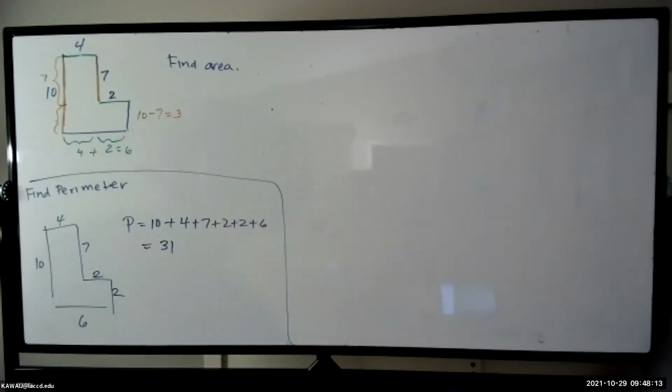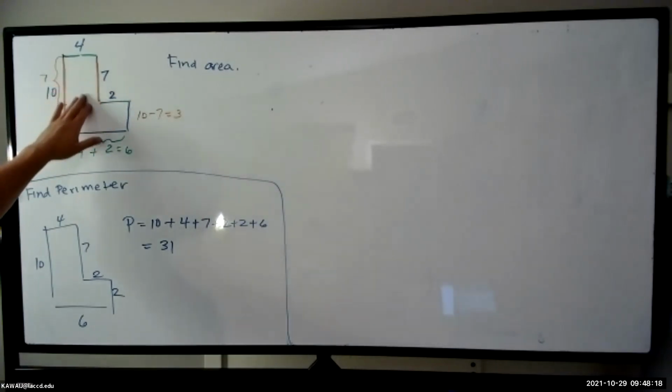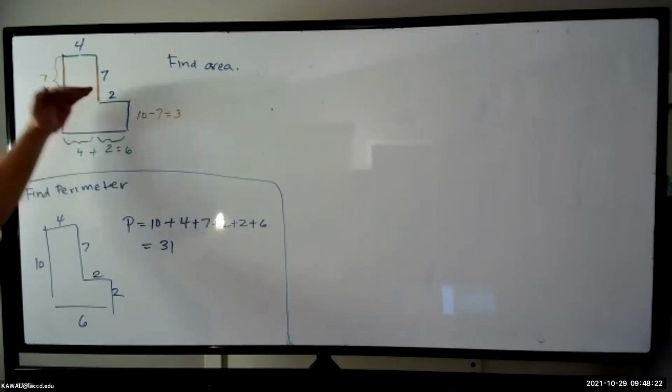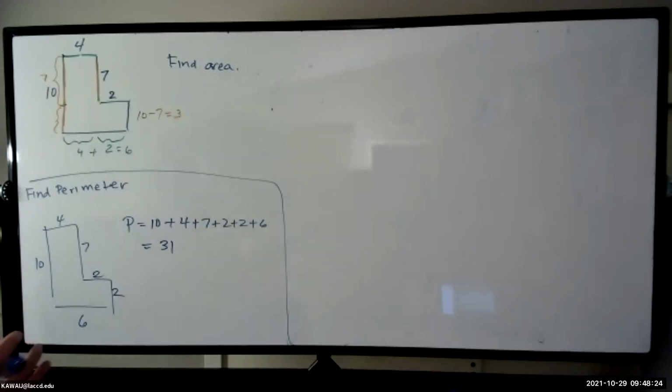Okay. Now, you've never been taught to find the area of something this shape, but you can cut it like this, or you can cut it like that to make it into 2 rectangles. Okay, so make it into 2 rectangles, find the area of both rectangles, and then add them together.